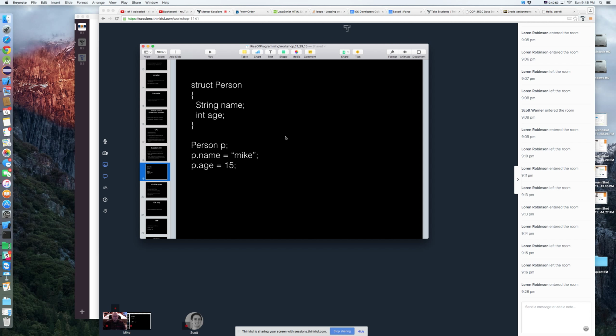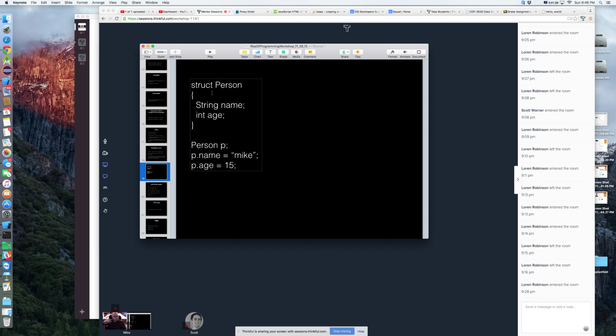Now, the catch here is structs were good when we just needed to store pieces of information about a single kind of value. So XY coordinates, stuff like that. But the second we started trying to manipulate those types of values, working with the name and the age and things like that, we started wanting to have functions that operated on the name and the age of these guys.